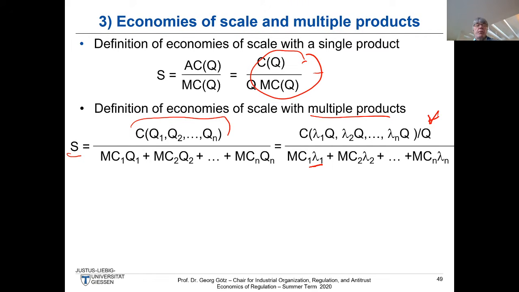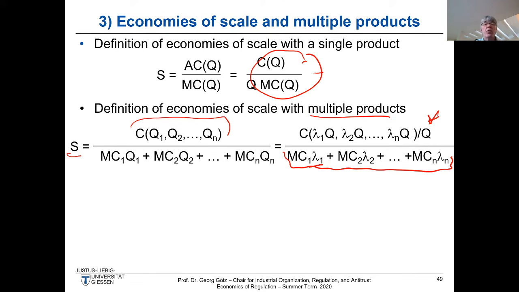Okay, but you see how we come up with it, and now you see also why this is a weighted sum of marginal cost. The weights are the production shares. So, 1/3 is Touareg, so the marginal cost of Touareg gets 1/3 as a weight, and the Golf is 2/3, so it gets 2/3.